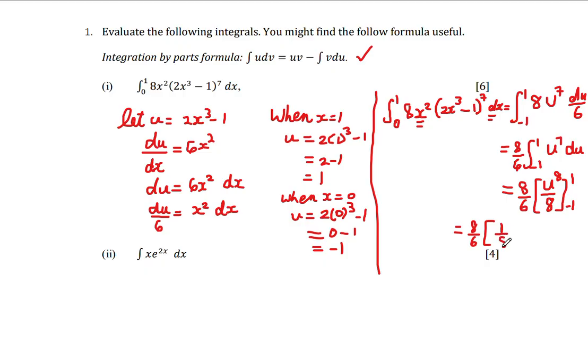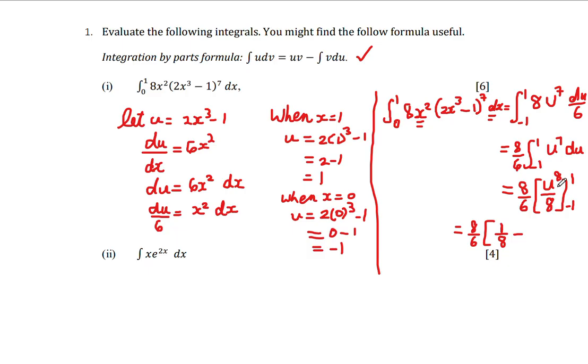So we get 1/8. And we're going to minus the substitution of the lower limit into the simplified expression here, u to the 8 all upon 8. Now when I substitute -1 for u here, -1 raised to the 8th power is going to be 1, because we're raising -1 to an even power.